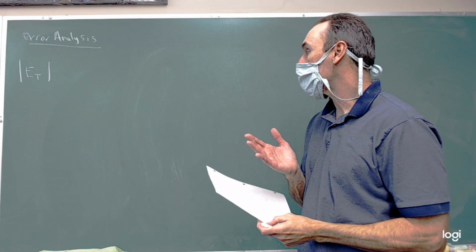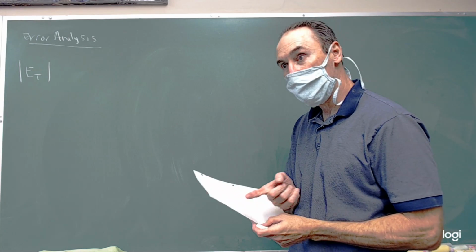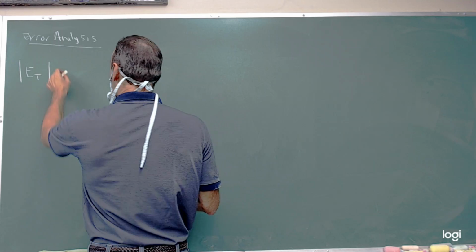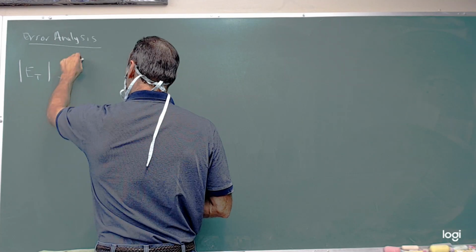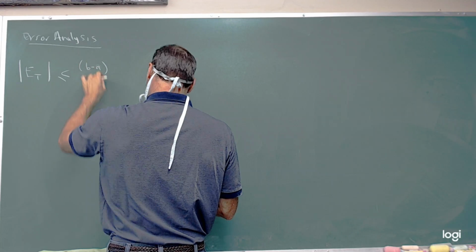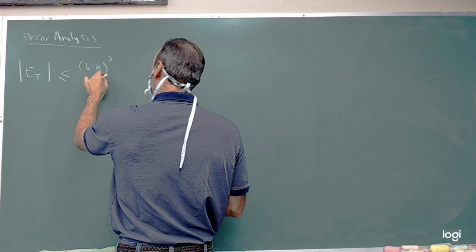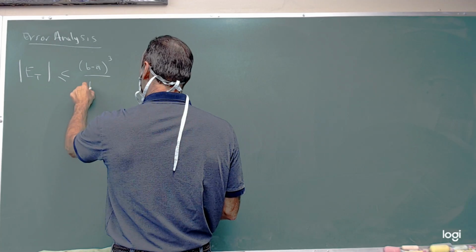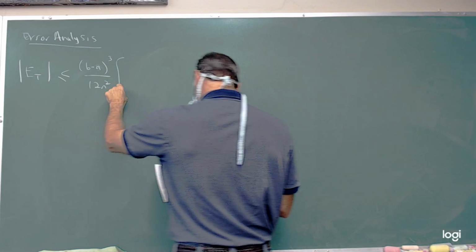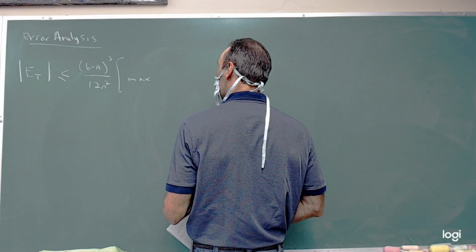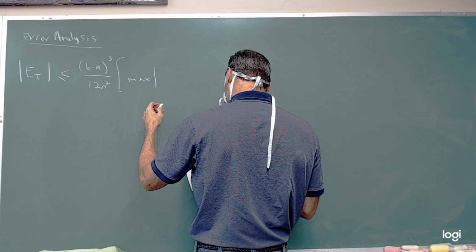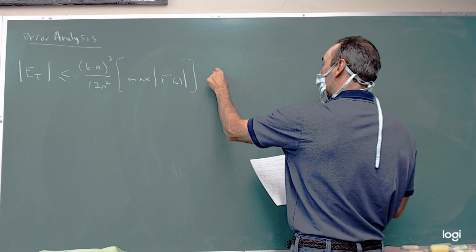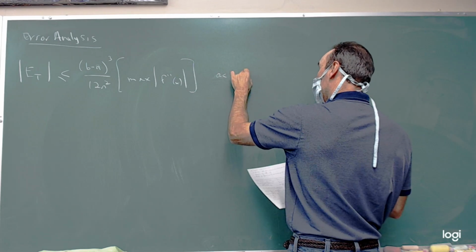So this means the difference between our approximation using the trapezoidal rule and the actual true area between the curve and the x-axis, it turns out is less than or equal to (b minus a) to the third, all over 12n squared, times, and this is the part that maybe takes a little understanding, the maximum of the absolute value of the second derivative of f(x), where x is between a and b. And so that's the error.